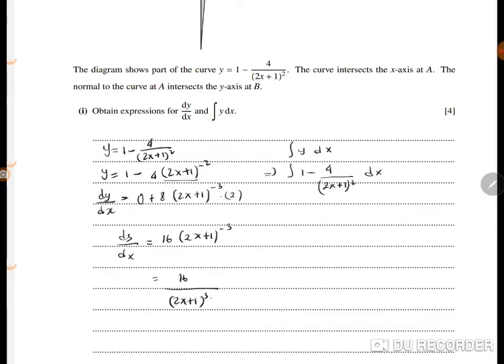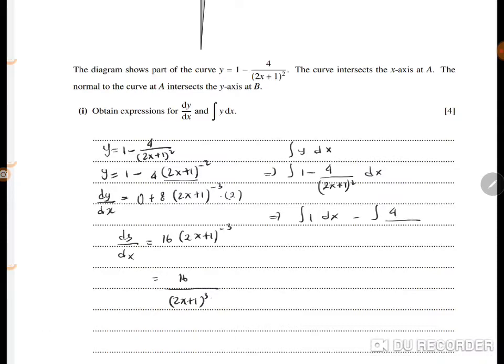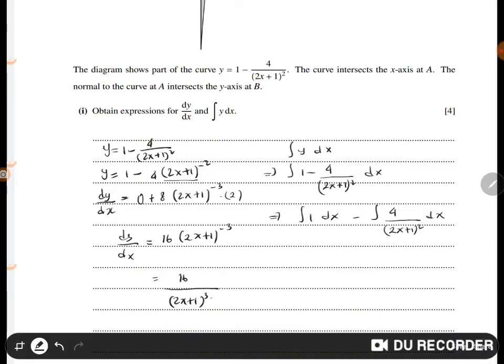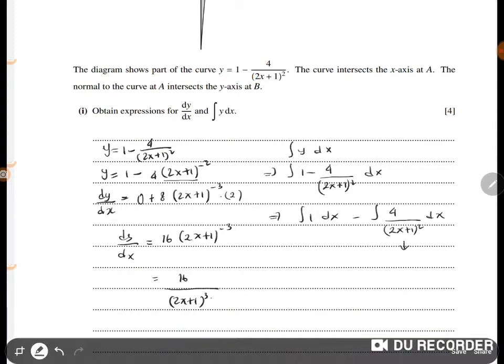You can write this as the integral of 1 dx minus the integral of 4 over (2x plus 1) squared dx. For this one we can use integral substitution.